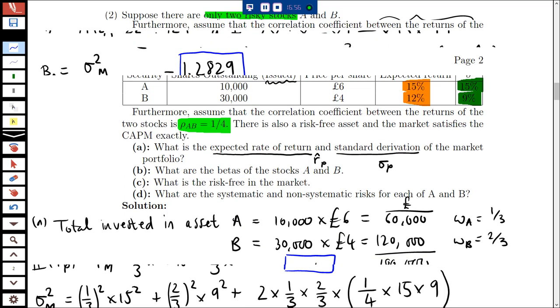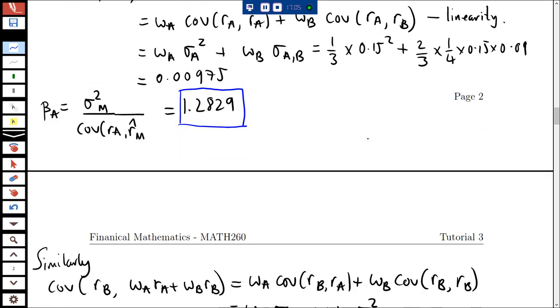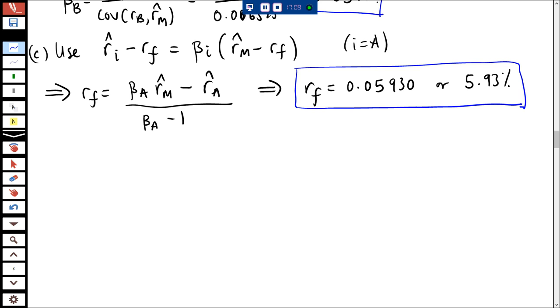Part D, what are the systematic and non-systematic risks for A and B? Okay, these are just standard equations. We've got so much data now, it's just dropping into the right place.